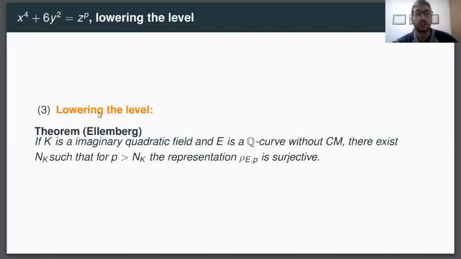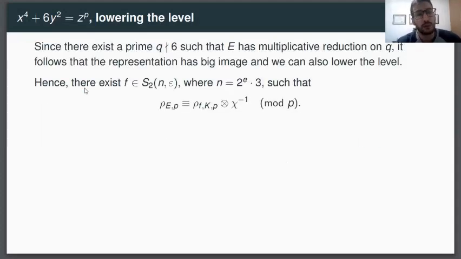So in order to apply the lowering the level result, we need to use this Ellenberg theorem, which says that if K is an imaginary quadratic field and E is a Q-curve without CM, there exists a bound n such that for p bigger than n, the representation is surjective. And remember that we are looking at this equation here.